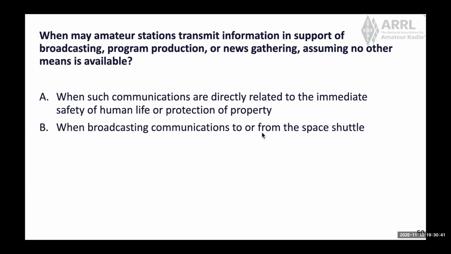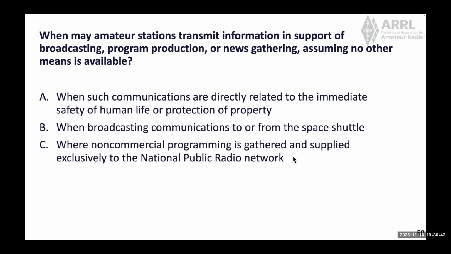B, when broadcasting communications to or from the space shuttle; C, when non-commercial programming is gathered and supplied exclusively to the National Public Radio Network; or D, never. And I caution, my first response would be never, but when you see safety of human life or protection of property, that's kind of a clue that you can use your radio for that, and the answer is going to be A.